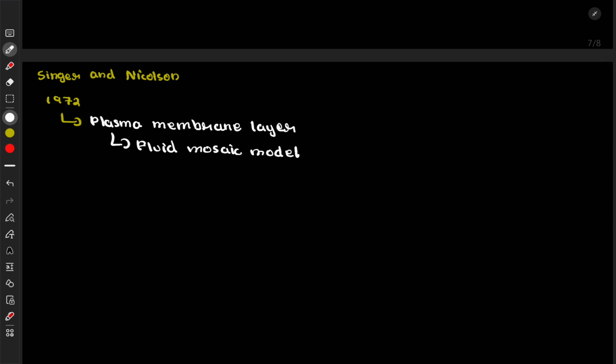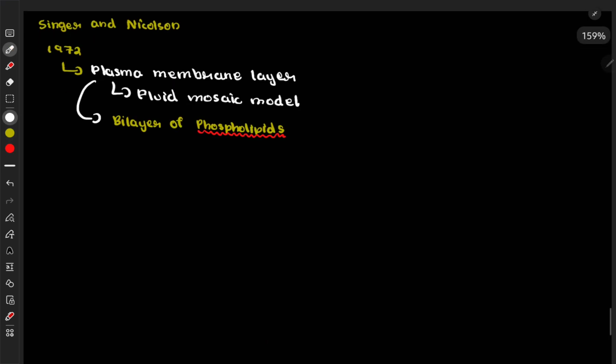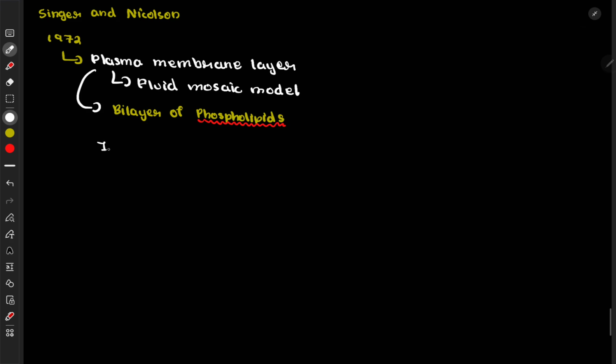Now, here it suggested that the plasma membrane is made up of a bilayer of phospholipids. Basically, it consists of two types of proteins: intrinsic and extrinsic.